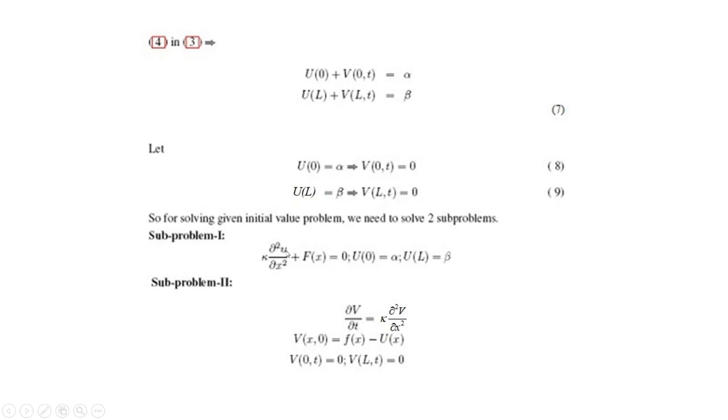Subproblem 2 is dou V by dou t equal to kappa dou square V by dou x square, with the initial condition V at x comma 0 equal to f of x minus U of x, and the boundary conditions in 8 and 9: V at 0 comma t equal to 0 and V at L comma t equal to 0.